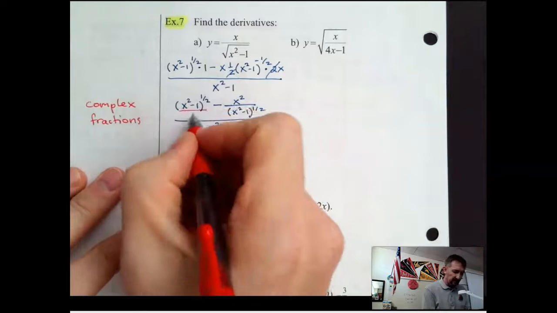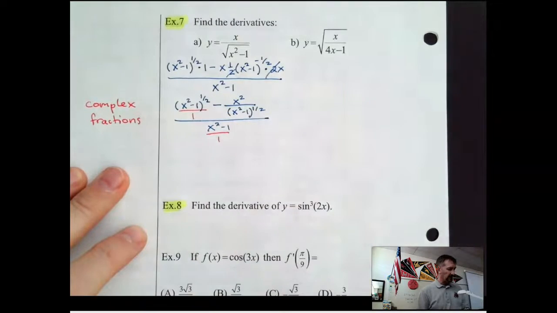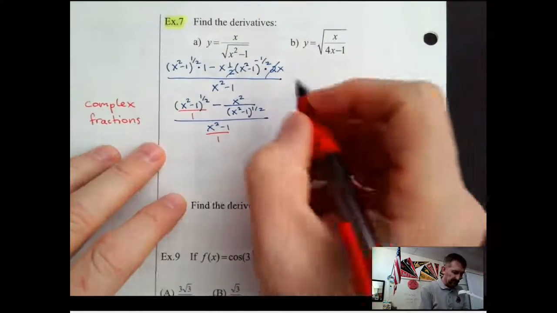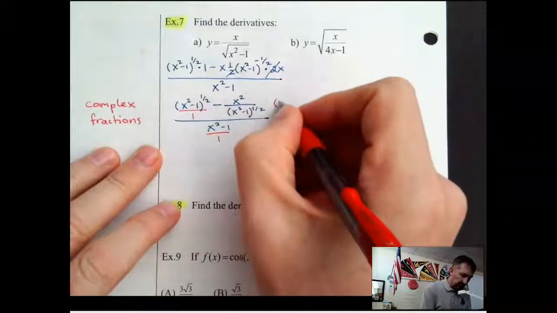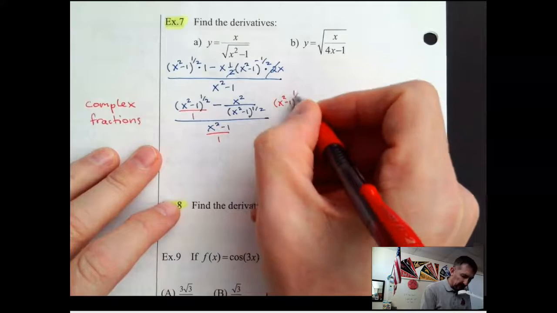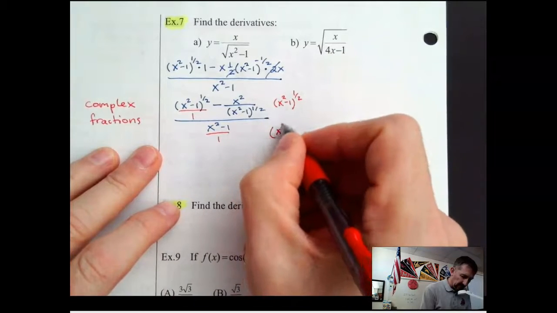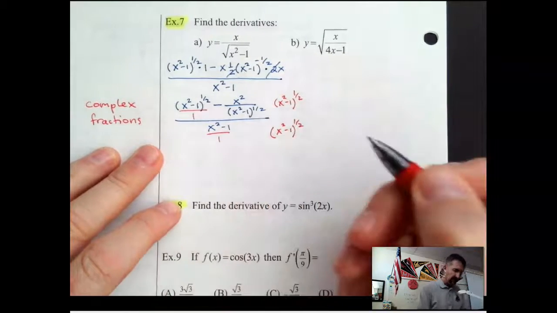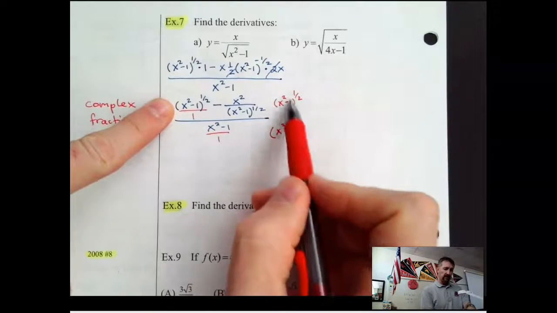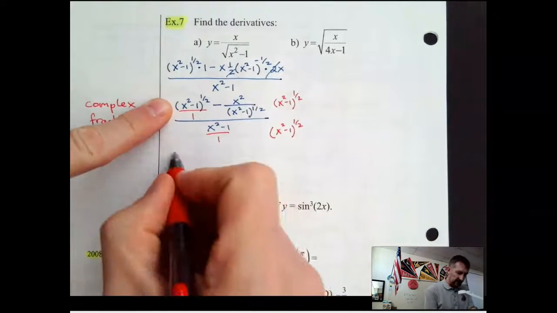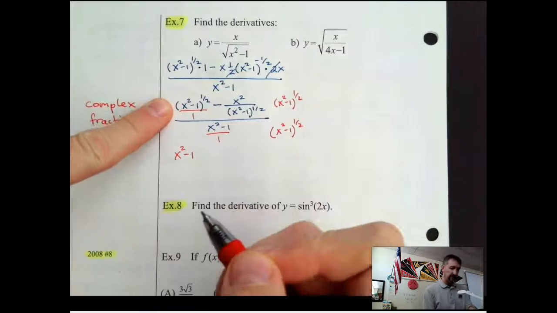So if it bugs you, these are both over 1. If you want to see all three of them as fractions, rational expressions. So I'm going to multiply this by x squared minus 1 to the 1/2 and x squared minus 1 to the 1/2. So when I do that, when I multiply this times this, I just get x squared minus 1.